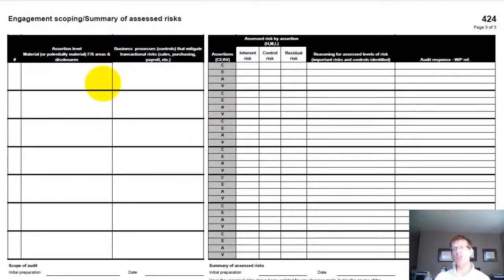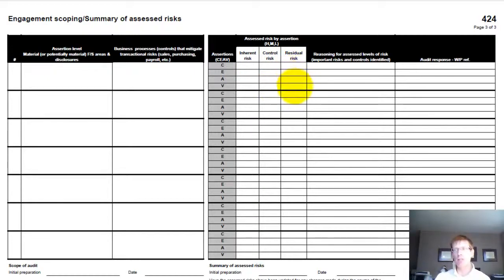On this second page, you would look at the different cycles and assess the risks on a cycle by cycle or assertion level basis. And you can see over here we have our assertions. C, completeness, E, existence, A is accuracy, V is valuation. So you can see that for instance, our sales cycle, we'd fill in sales cycle, the business processes that are associated with that sales cycle, so perhaps it's our sale of hotel rooms, and then we'd fill in each of our assessments of control risk.